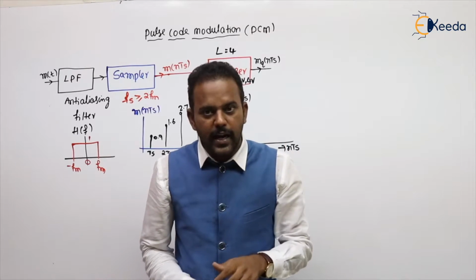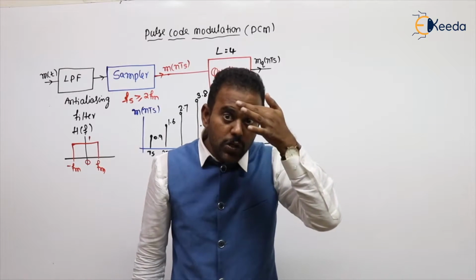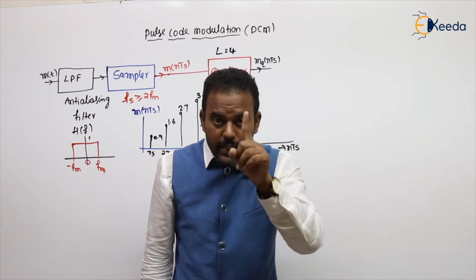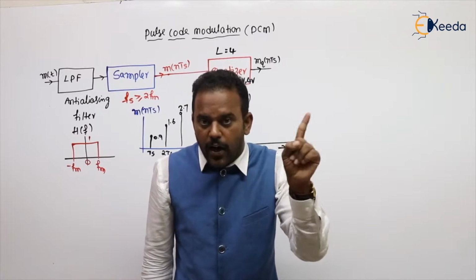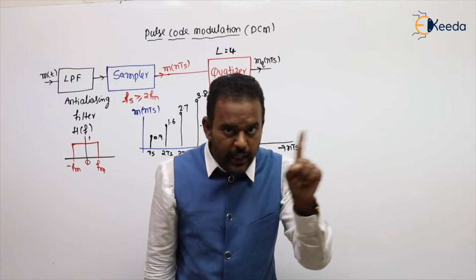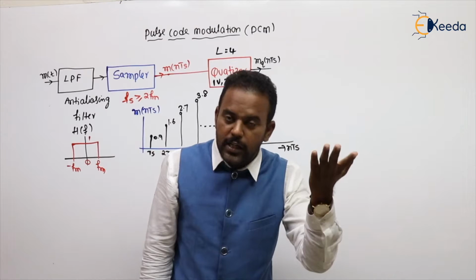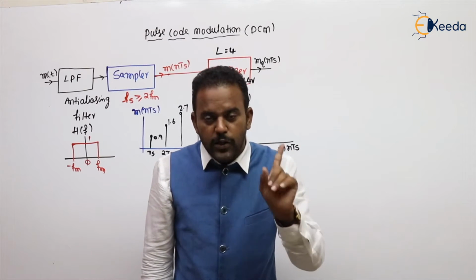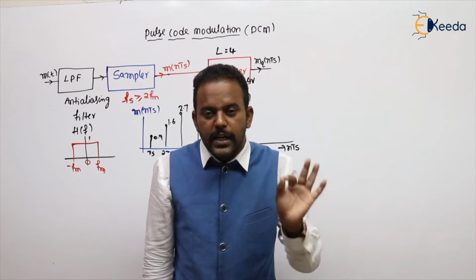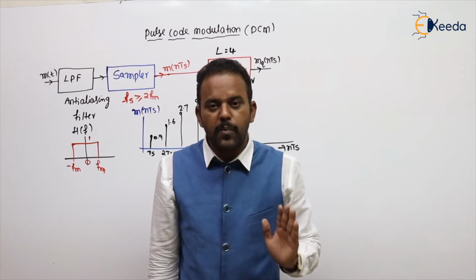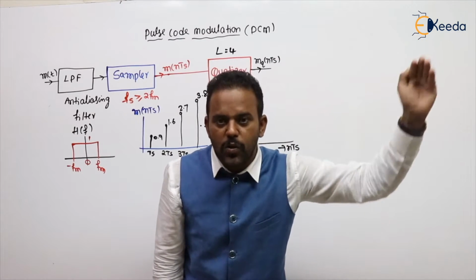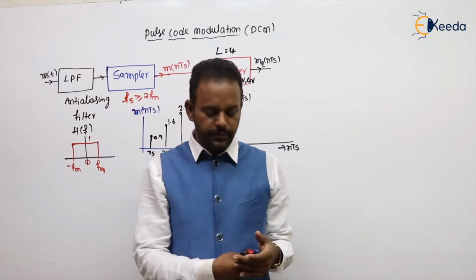Try to understand. Quantizer work is to round off to nearest quantization level, not to the nearest integer. Quantization levels may be non-integers also. The work of the quantizer is, it will round off each and every sample value to nearest quantization level.